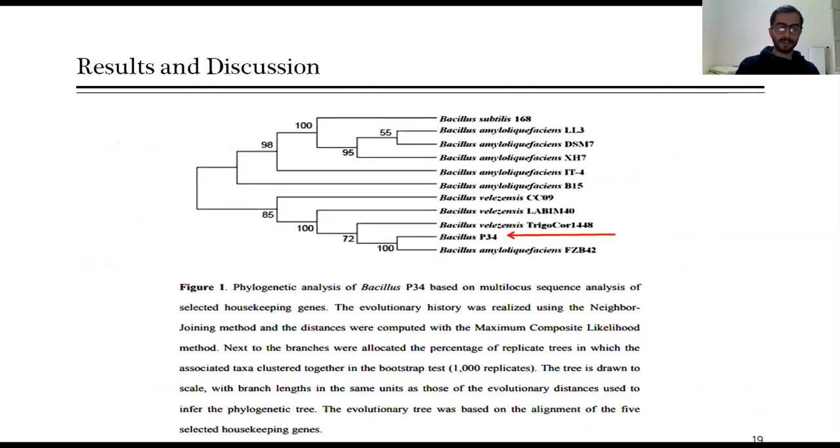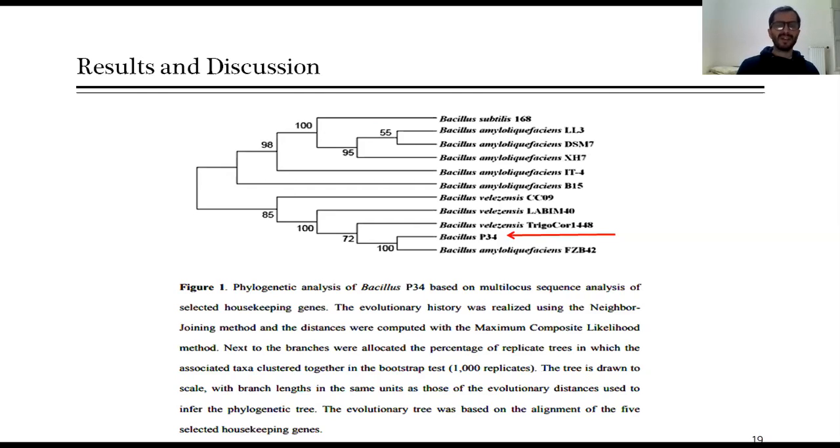In this first work, it was included the genome annotation and the comparison, and the whole genome sequence permitted us to carry out a deeper phylogenetic analysis of the relation between Bacillus p34 and other groups of Bacillus strains.